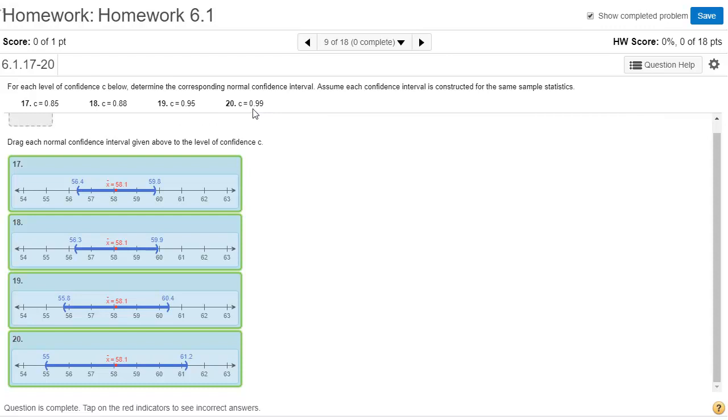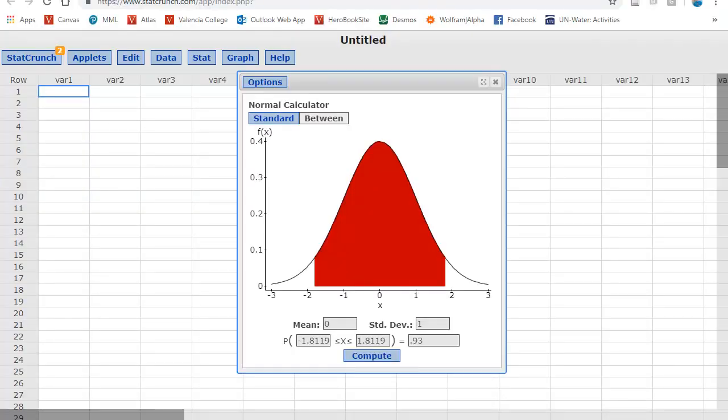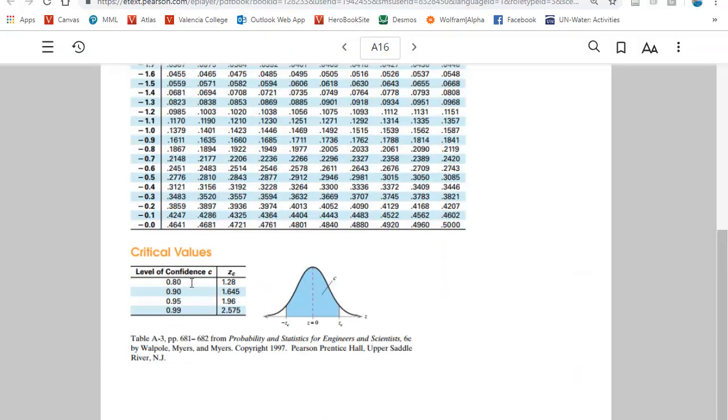Now, if I was looking for the z-score that corresponded to each of these, then I would use the standard normal calculator like we just showed. Now, in this case, they're showing me the actual data values here. So the z-score for 85% is going to be not as far from the mean as it is for 99%. Right, and if I come back to my standard normal table, we can notice that for 80% of the data around the mean, I'm going 1.28 standard deviations above and below.